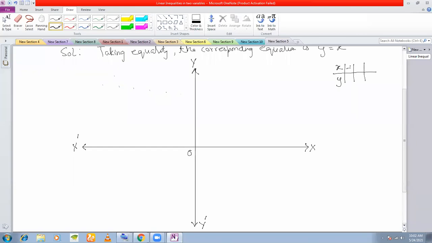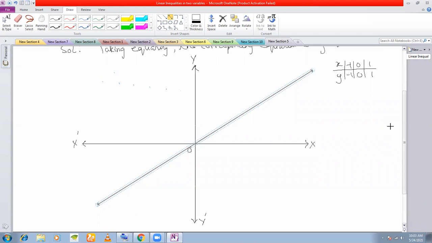You take three values, say -1, 0, 1, you'll get -1, 0, 1. You plot these points and you will get this kind of a straight line. Now the graph paper will not be provided to you in order to attempt this question. You will be attempting this in your single line answer sheets. You'll be drawing the x and the y axis with your pencils. This is the straight line that you're going to get. This straight line is y is equal to x.